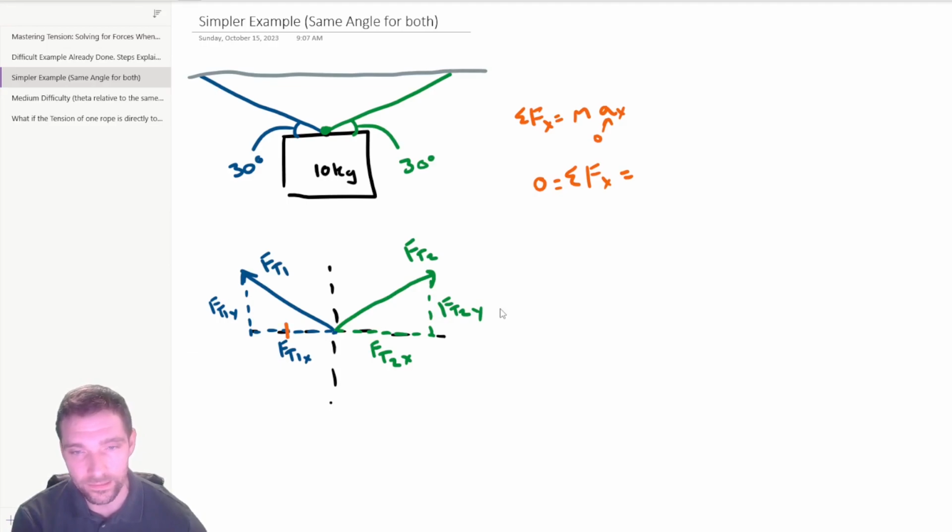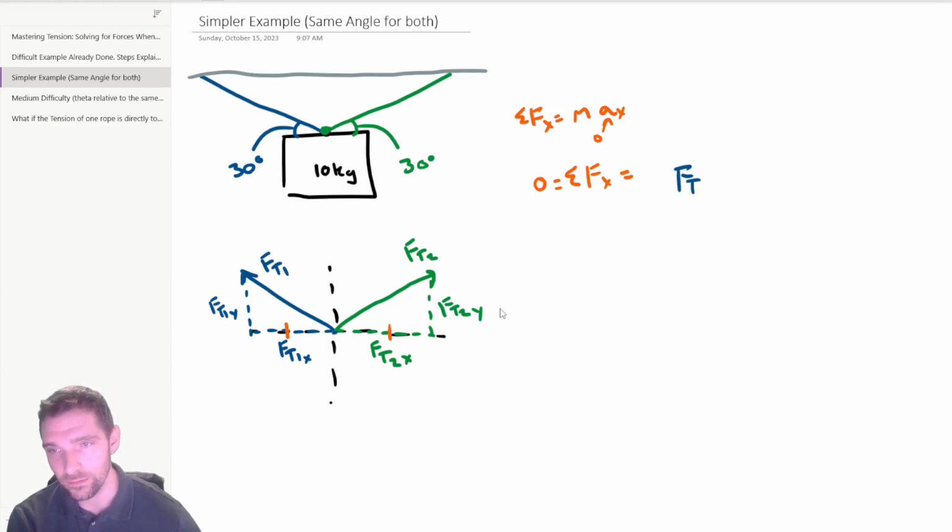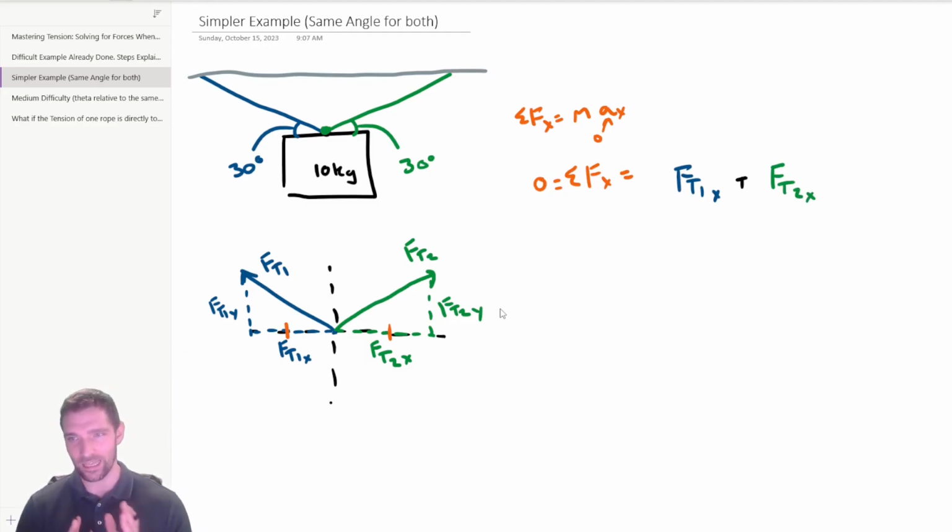Likewise, these are equal and opposite due to the fact that there's no motion in the x-axis. So if we look at the x-axis, we've got this FT1x, and then you're going to add to that the FT2x. And I really insist on doing these as F of T, not just T, because tension should be a force.